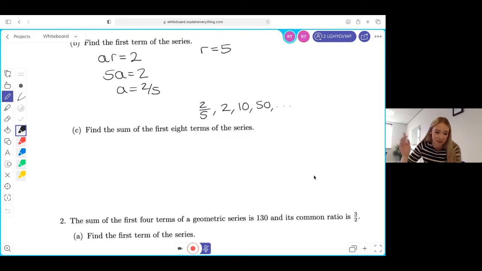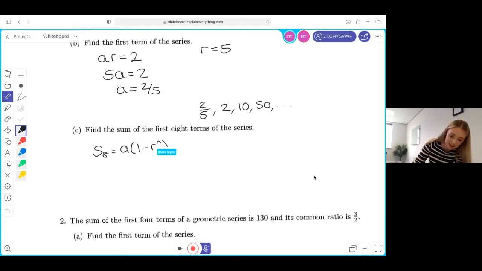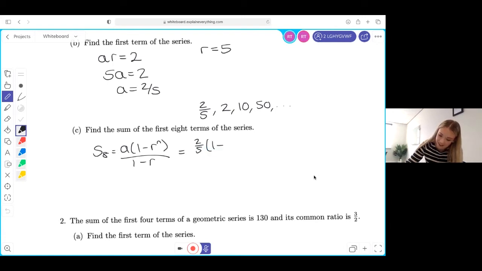It'd probably be quite easy to just write out your 8 terms as well, but we'll use our fancy formula, which is A times 1 minus R to the N all over 1 minus R. And we're just subbing in A is 2/5, R is 5, and N is 8. And I'll let you work that one out.